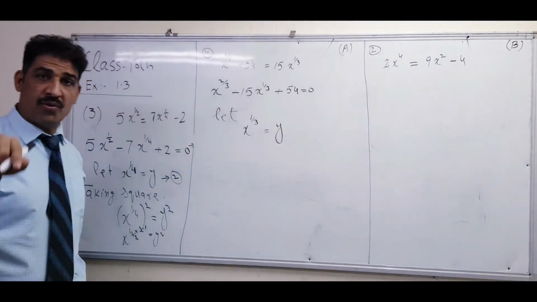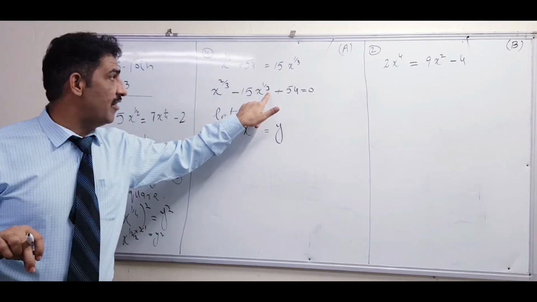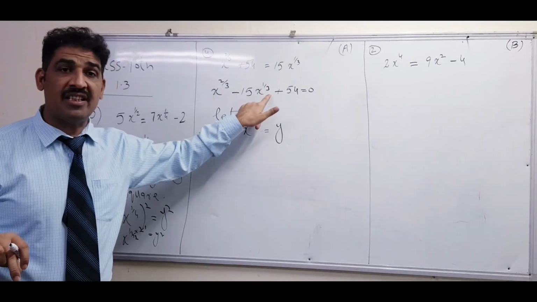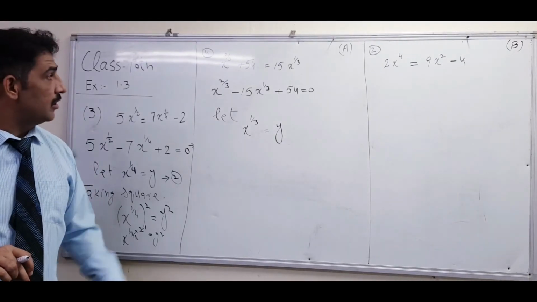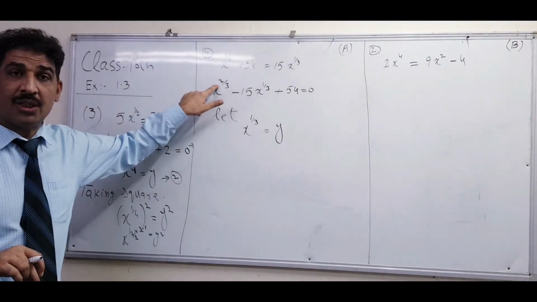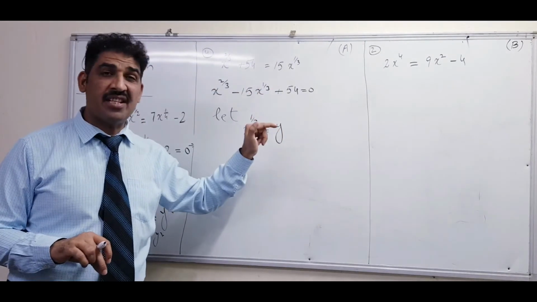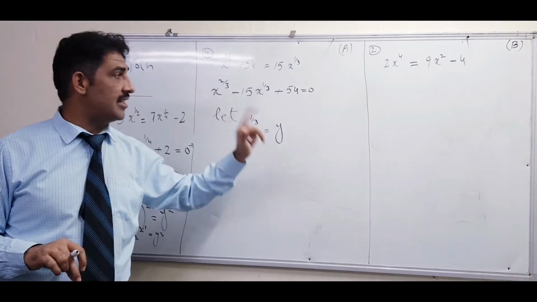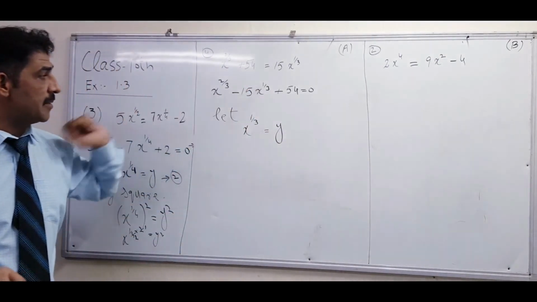If you are confused, write its exponent in the calculator and get the answer. 1 divided by 3, you will get 0.33. And when you divide 2 by 3, you will get 0.66. 0.33, so which will be bigger? 0.66. So this is your bigger value.